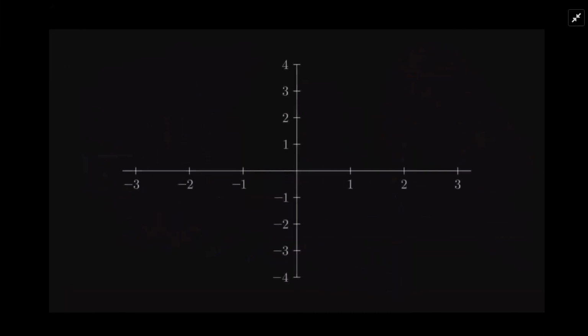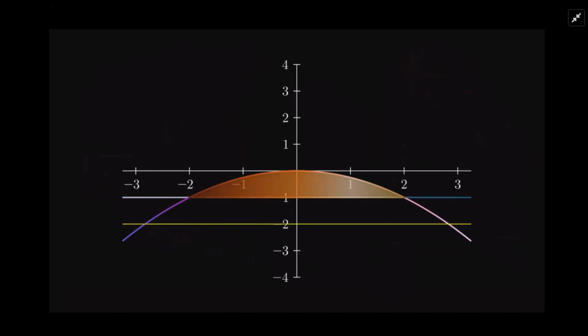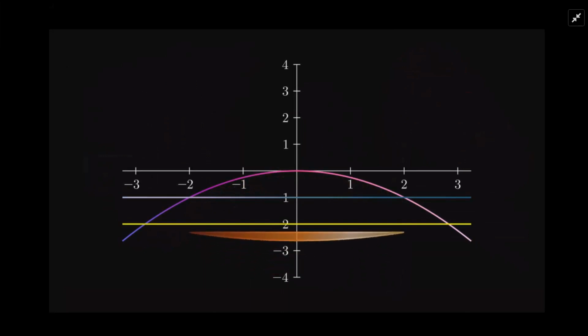Next one is a different axis. So same region, same function, same boundary, same region. The axis now is y equals -2. So we're going to rotate it around there, creating another solid shape.